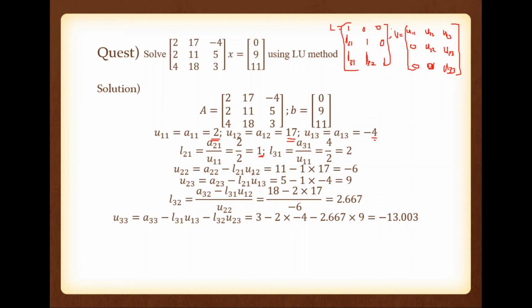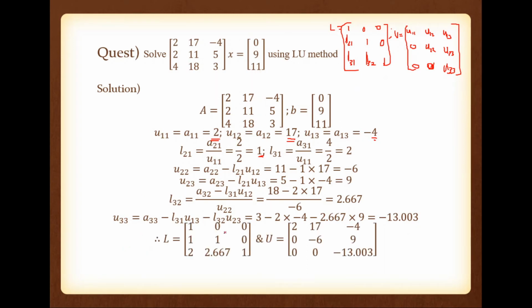U23 is 9. So that is equal to minus 13.003. So now we have L and U. So L is equal to 1 0 0, 1 1 0, 2 2.667 1, and U is equal to 2 17 minus 4, 0 minus 6 9, 0 0 minus 13.003.